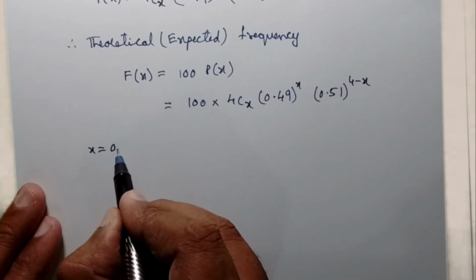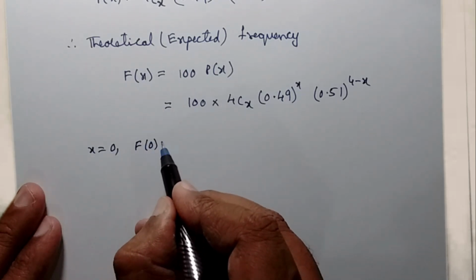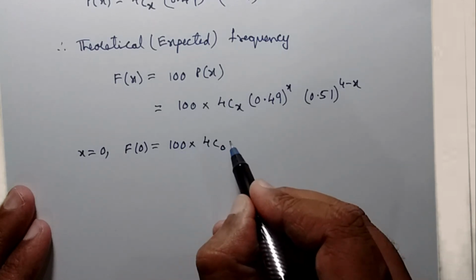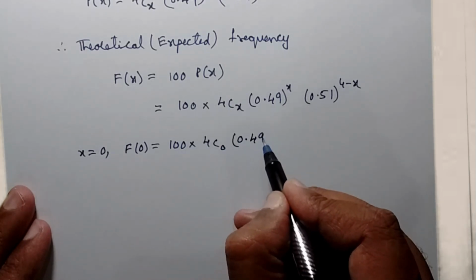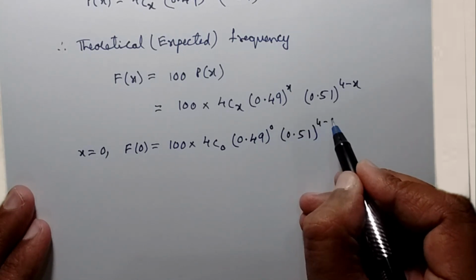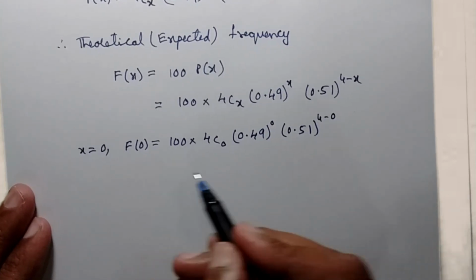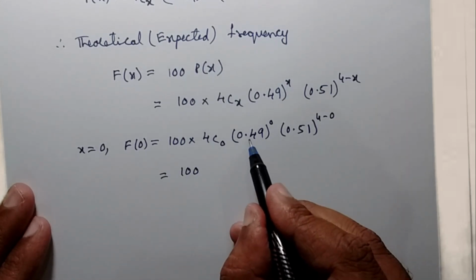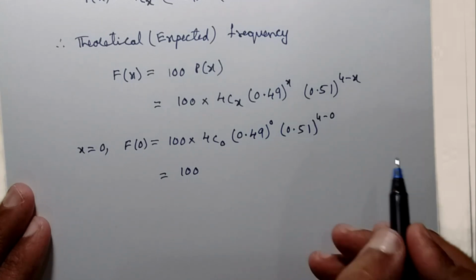For X equals 0, let us find out what the F of 0 value is. It is 100 times 4C0 into 0.49 to the power of 0 into 0.51 to the power of 4 minus 0. But you know that 4C0 will be 1, and 0.49 to the power of 0 will also be 1.